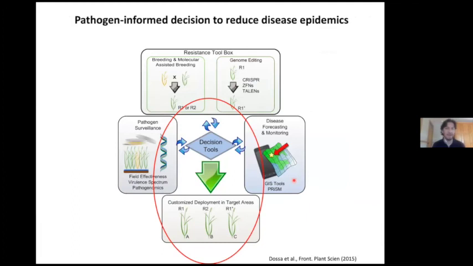This is the final part of the presentation, and I want to talk a little bit about decision making. As I mentioned before, we need a platform to integrate whatever happened with the host on the resistance part, on the breeding part, and whatever happened in the pathology part and the environmental part. So we need a decision platform that allows us to give advice on what resistance gene to use or what variety to deploy the next season.